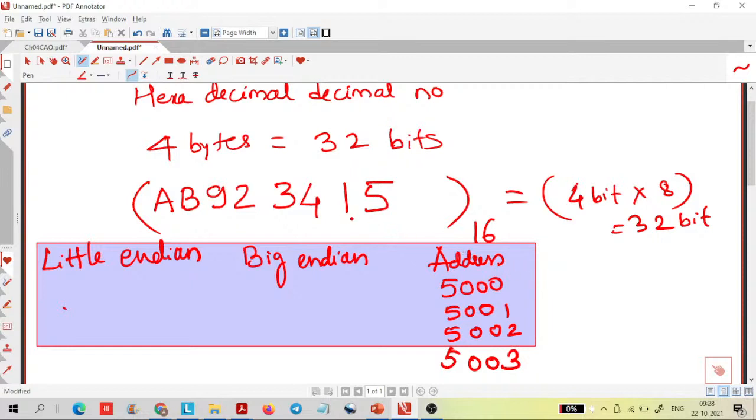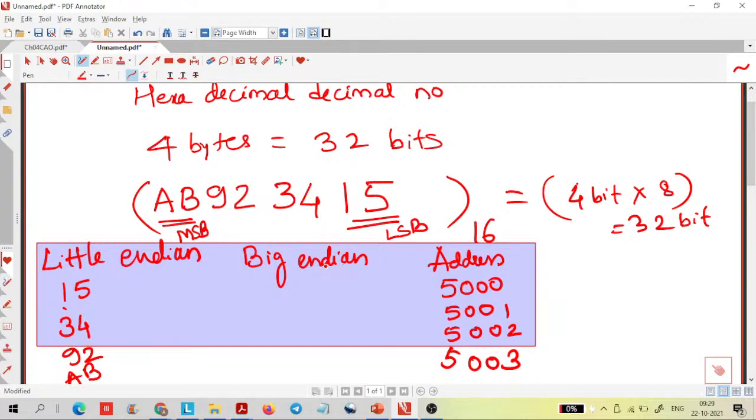Sorry, little endian means what? It stores the least significant byte in the lowest address. This is the least significant byte, and this is the most significant byte. So the least significant byte is stored in the lowest address. So 15 is stored at 5000, then 34, then 92, then AB.